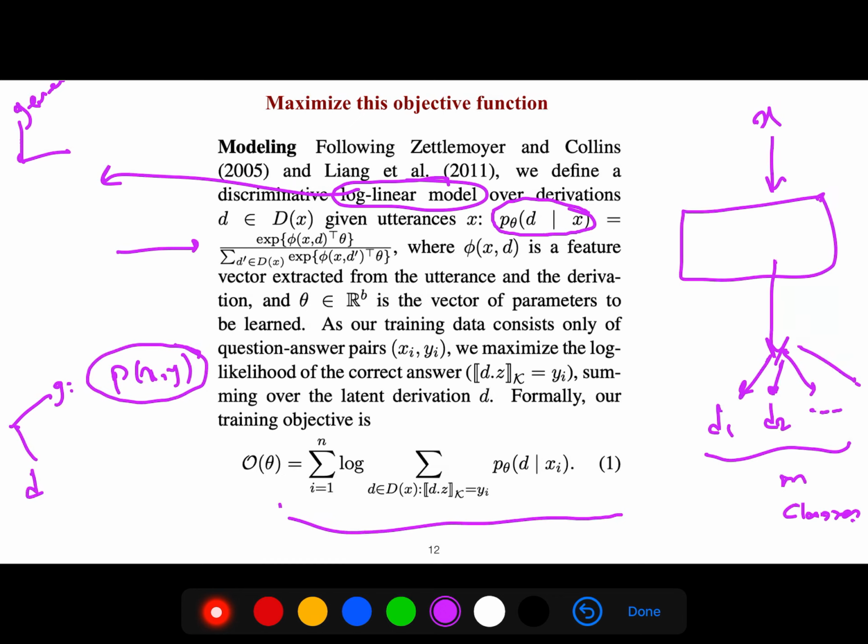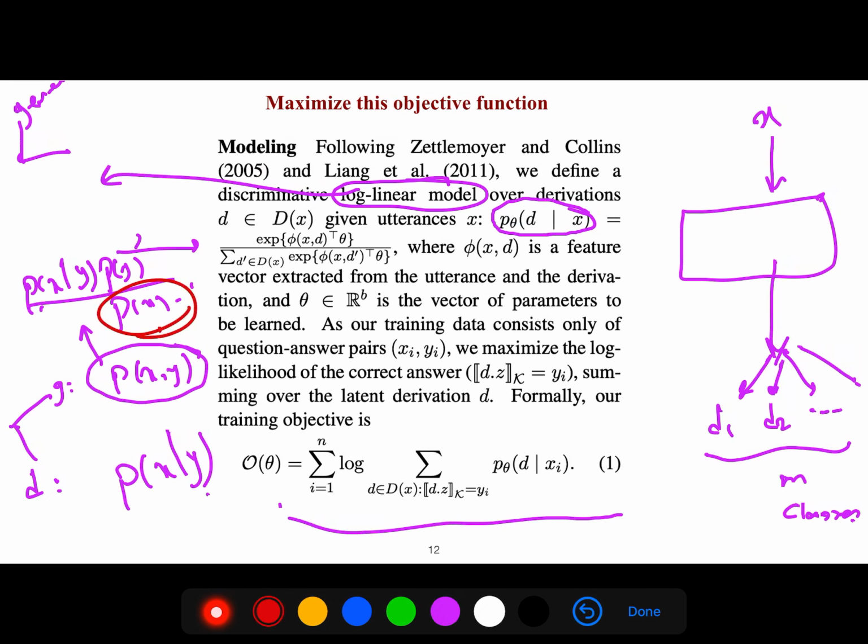For example, here, if we use discriminative analysis, we just need this conditional probability P of x given y. You don't need to go through Bayes rule and those things to calculate P of x given y times P of y divided by P of x, and even you fall into the problem that your denominator is intractable, so you should go and find, for example, a Markov chain to approximate this, Monte Carlo Markov chain.